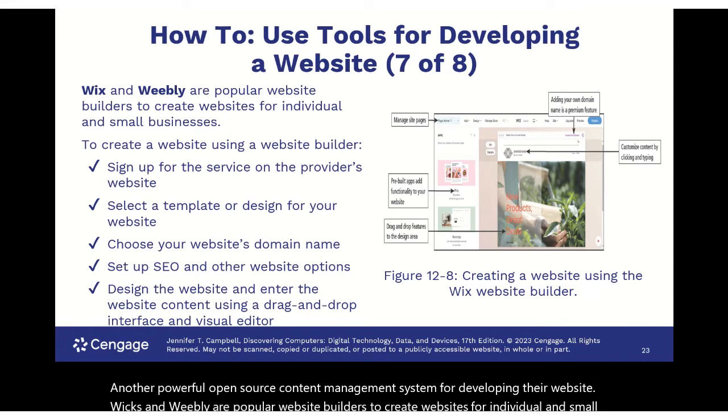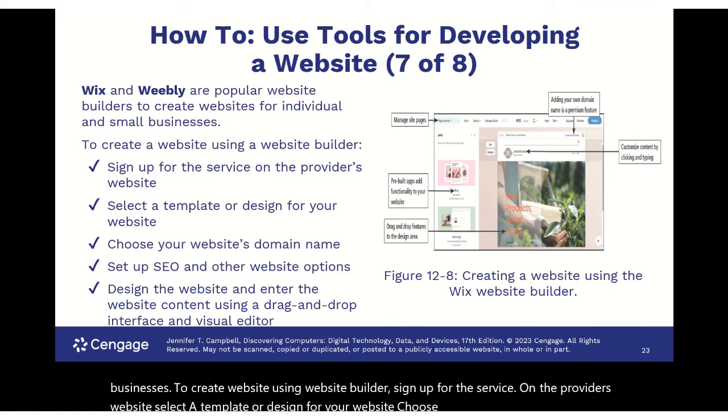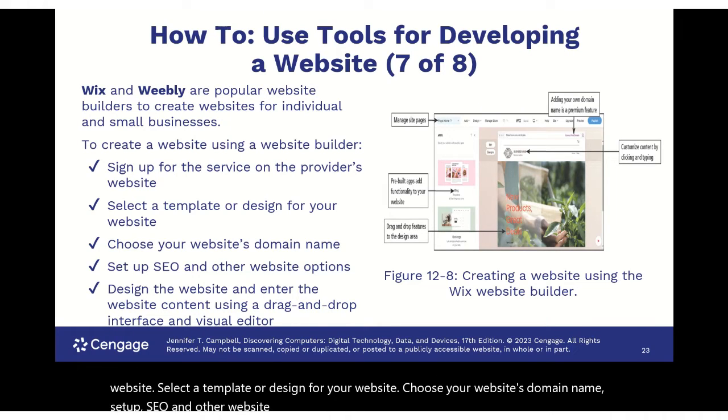To create a website using a website builder, sign up for the service on the provider's website. Select a template or design for your website. Choose your website's domain name. Set up SEO and other website options. Design the website and enter the website content using a drag and drop interface and visual editor.